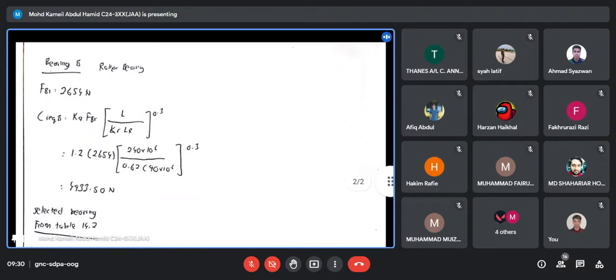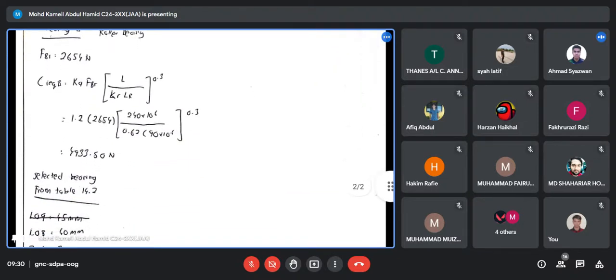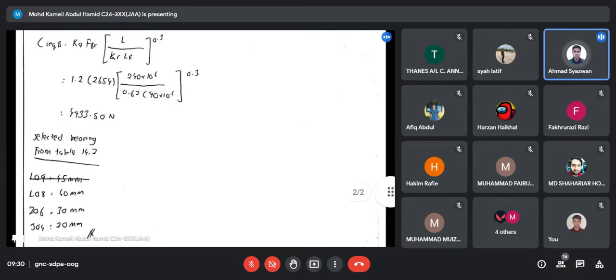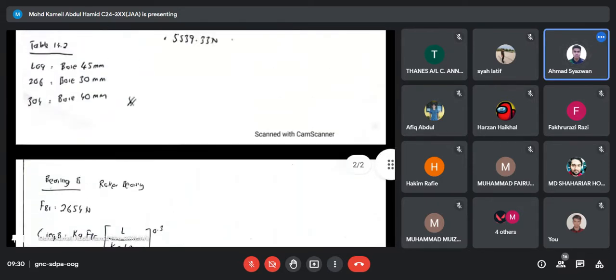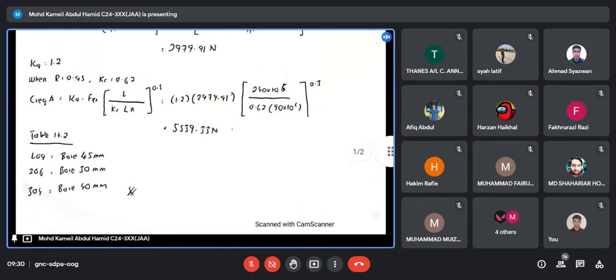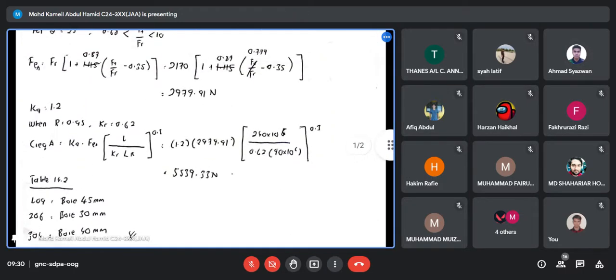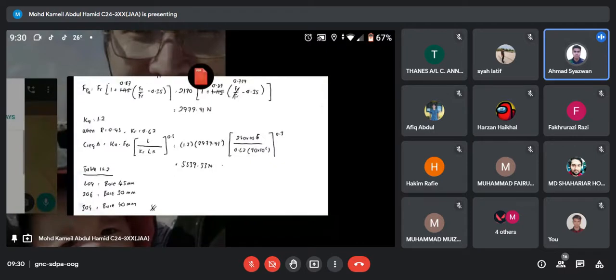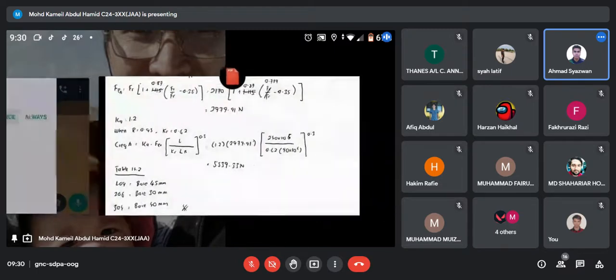Roller bearing okay tak? Pun sama juga. Ni silap. Doktor, ke slide ni salah doktor? Saya ikut dalam slide ni. Dalam slide tu dia apa? 1 tambah 0.87 FT over FR tolak 0.35. Dalam tu untuk apa tu? Itu zero bearing.